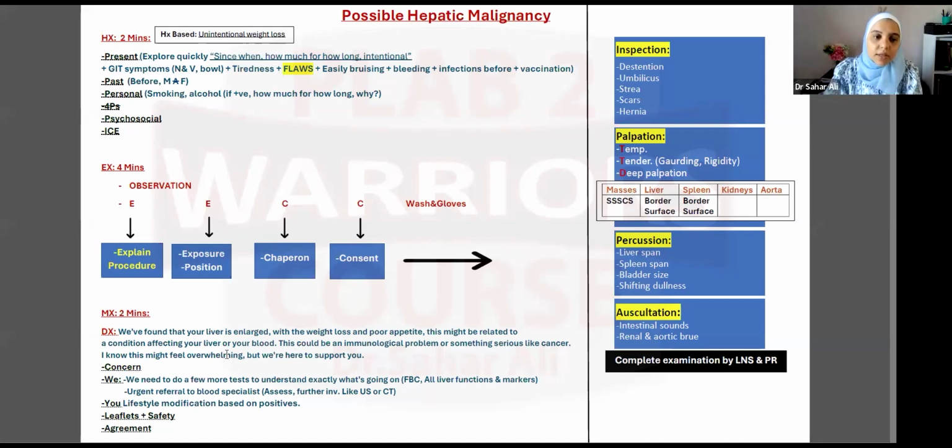All right? In diagnosis, you tell him, we have found your liver is enlarged with the symptoms that you have. It could be an immunological problem. It could be something more serious, in a sensitive way, like cancer.